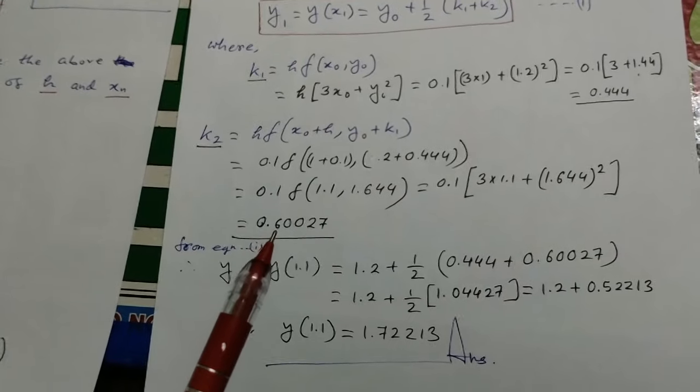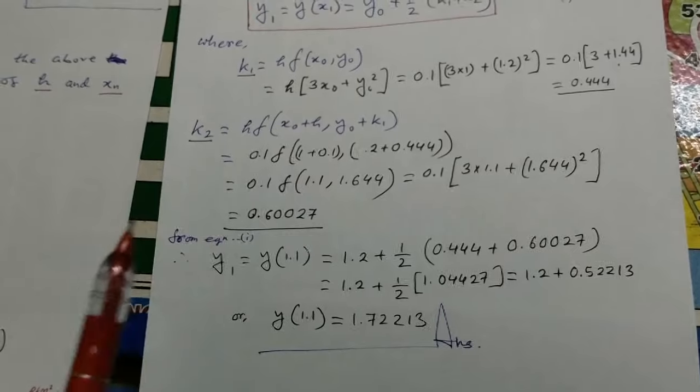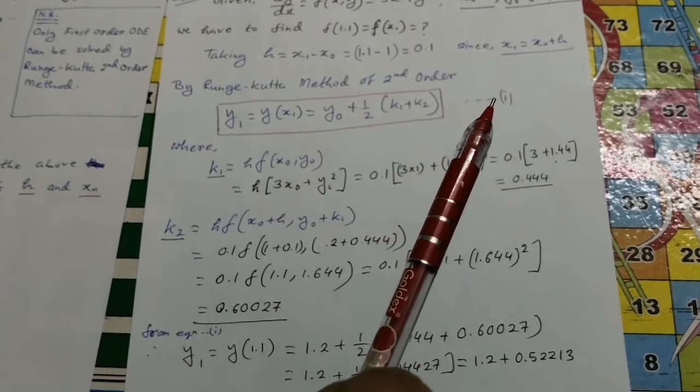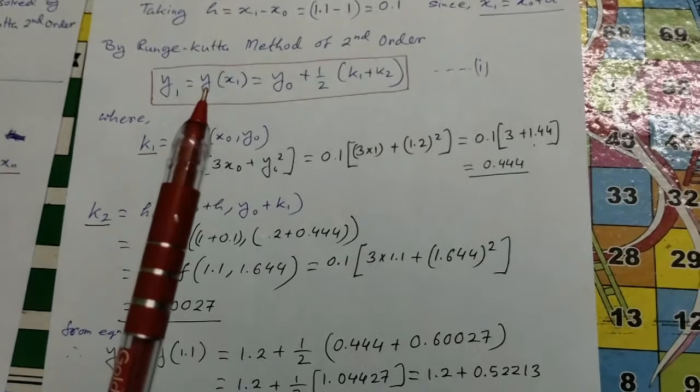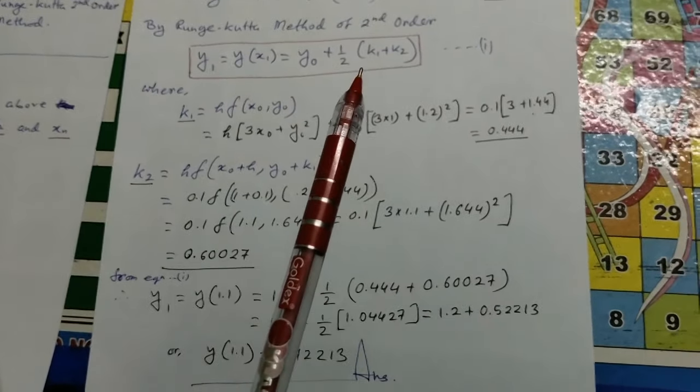After calculation, it becomes 0.60027, right?